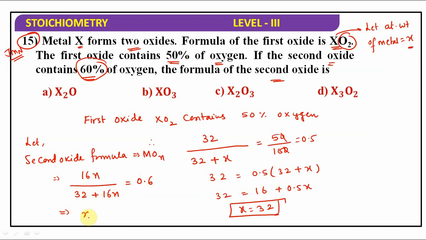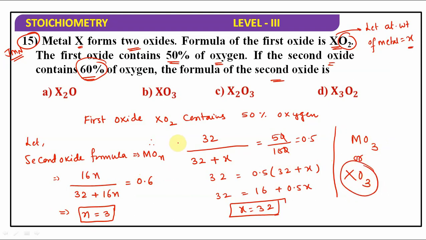Same way if you solve it, you will get n is equal to 3. Means what is the formula? Formula will be MO3, or that M we have considered as X, so XO3. Anything is fine. So the second formula we are considering as MOn or XOn, then formula will be XO3. Hope you understand. Is that clear?